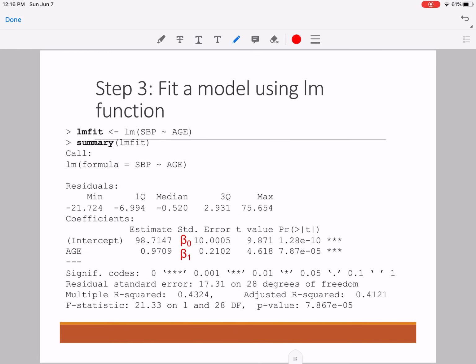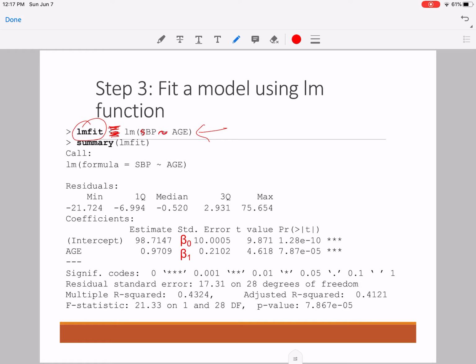Then step 3 is to fit the model using the lm function, and this is how I fit the model. lmfit is the variable that is going to store my underlying model. lmfit is equal to lm, the R function that you use to fit a linear model. The first argument is your dependent variable, which is a function.